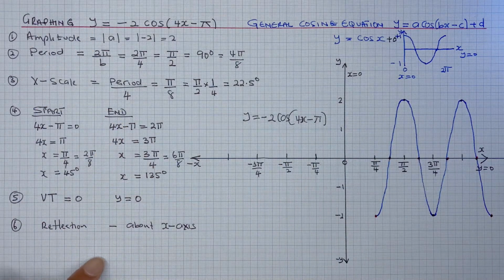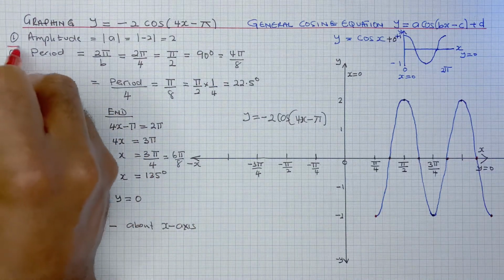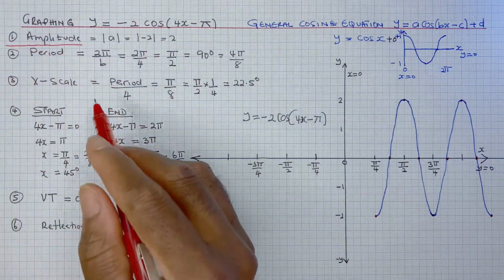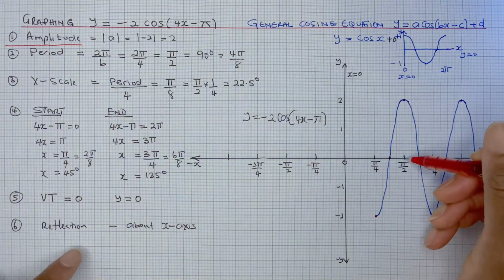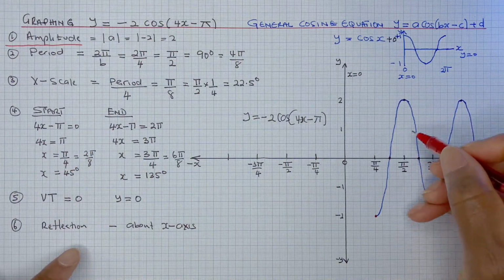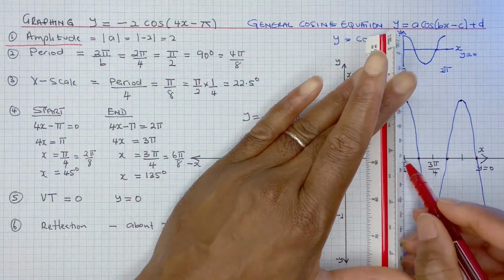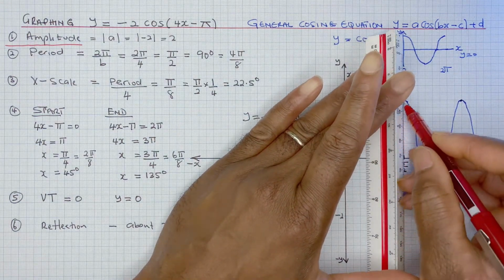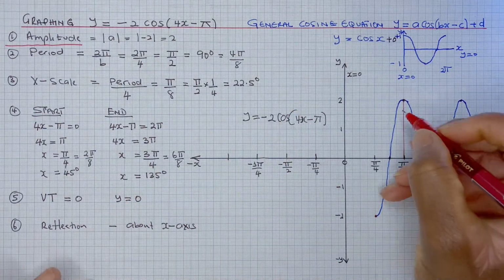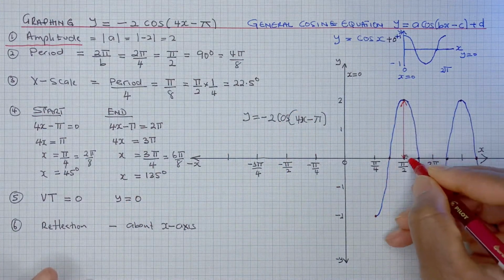So remember to do the amplitude first. Amplitude is the height from there to there. Before, I just put my ruler there and measured the height. So that's the amplitude.